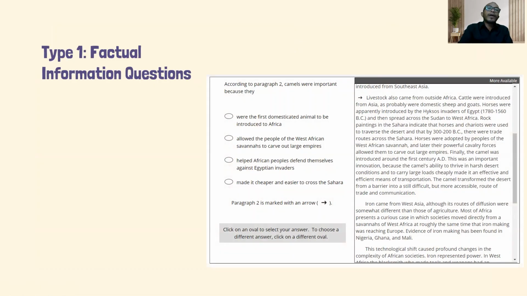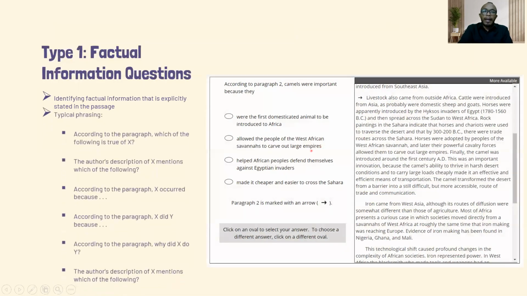The first one, the factual information question. You can see the example question on the right. So this type of question asks you to identify factual information that is explicitly or clearly stated in the passage.